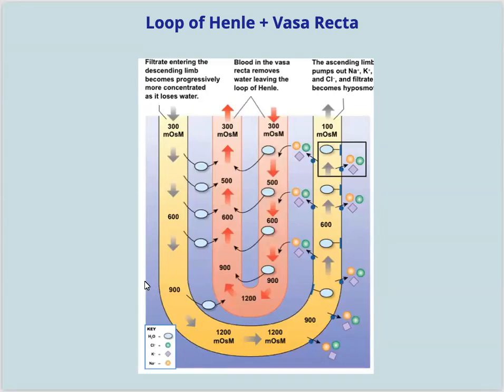Okay. And to prevent that reabsorbed water from diluting the medullary interstitium, we have vasa recta acting as the countercurrent exchanger to pick up that water. So that water isn't staying around in the medullary interstitium, diluting it. Okay, so blood in the vasa recta removes water leaving the loop of Henle.